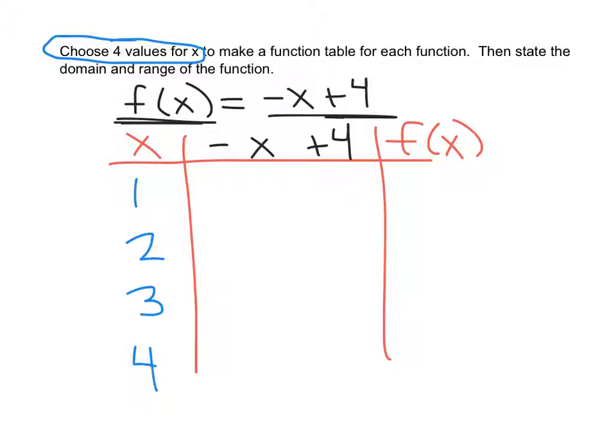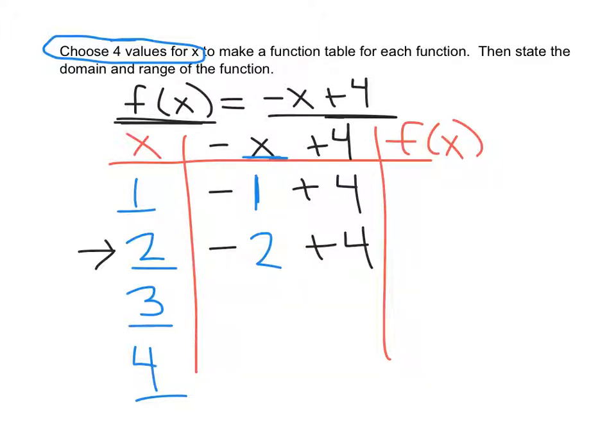And then we're just going to substitute these x's into our function. So that first one would be -1 for our x plus 4. Our second one right here would be -2 for the x plus 4. Our third y, or f of x, would equal -3 plus 4.